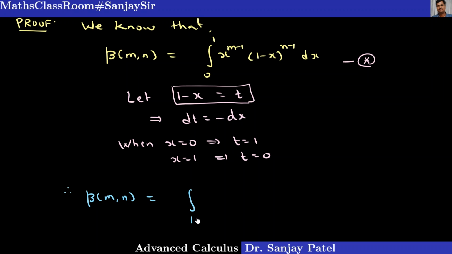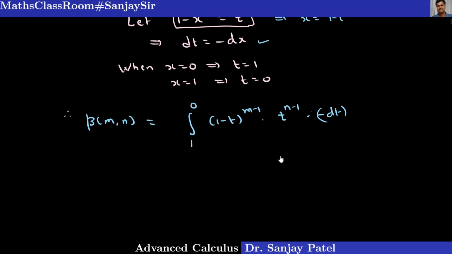So the new limit is 1, and when x equal to 1, t equal to 0. Replacing x, where 1 minus x is t, we have x is equal to 1 minus t. So this is 1 minus t raised to m minus 1, and 1 minus x is t, so t raised to n minus 1. And dx is minus dt.